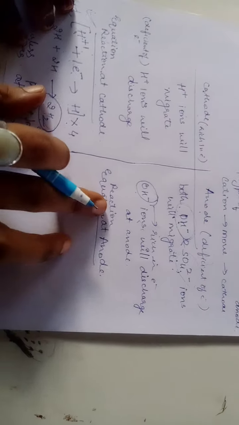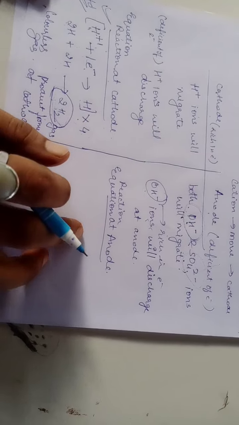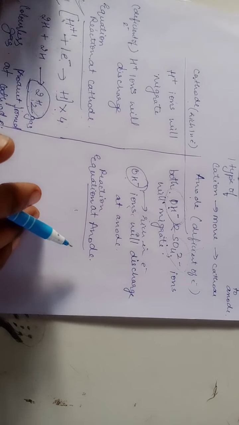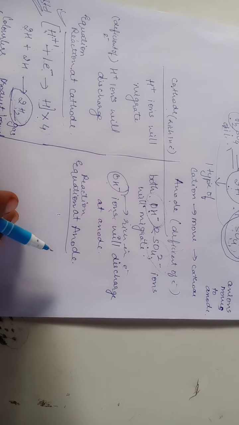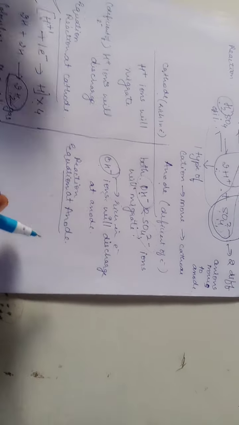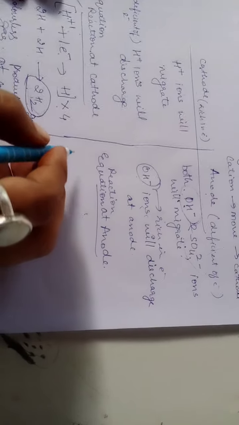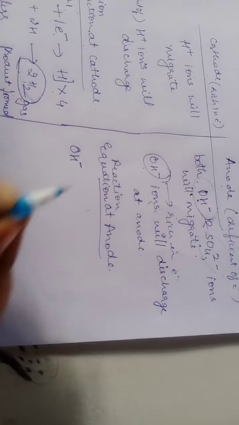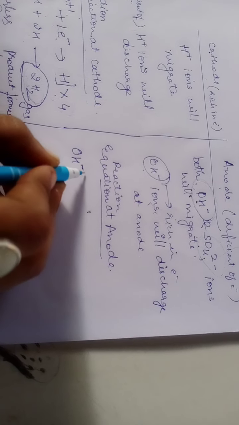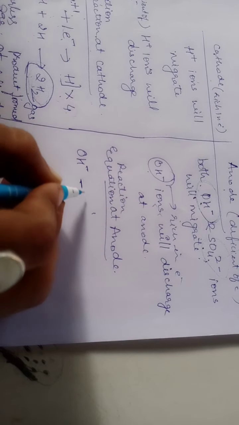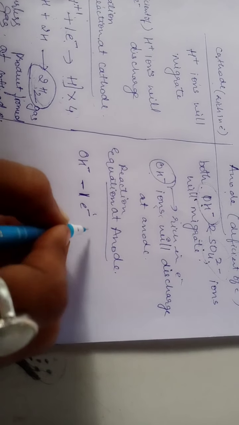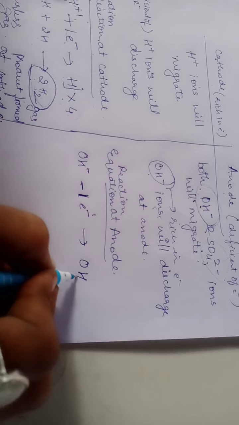Now here the equation at the anode. This is very important. This equation is present in some of the other reactions also. Okay, this you need to learn. Okay children, now hydroxyl ion, OH minus ion, it has 1 extra electron, so it will lose 1 electron and it will form what? OH.